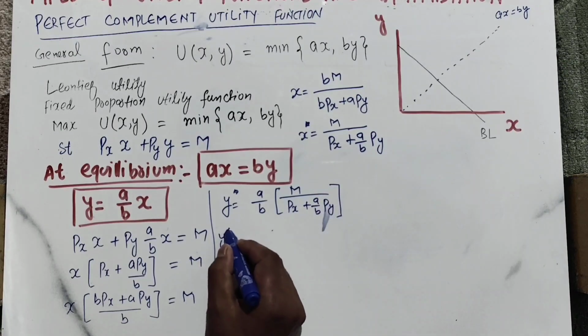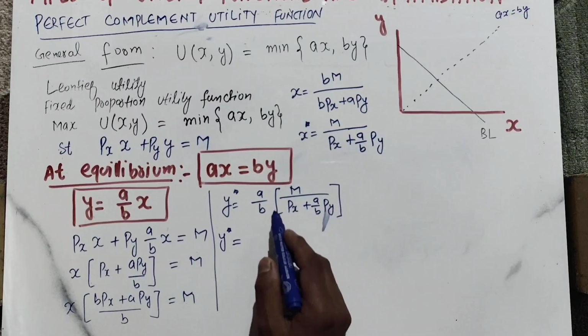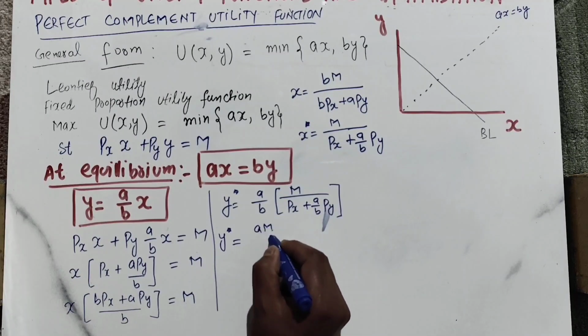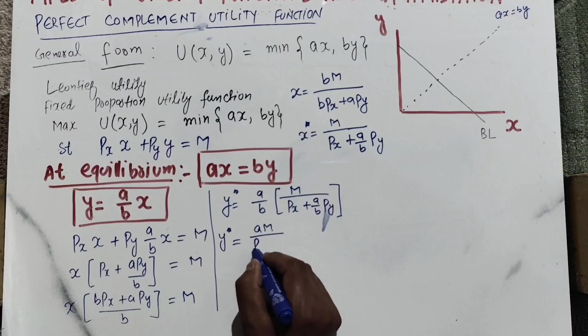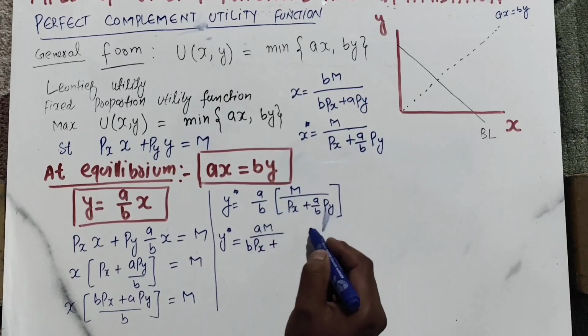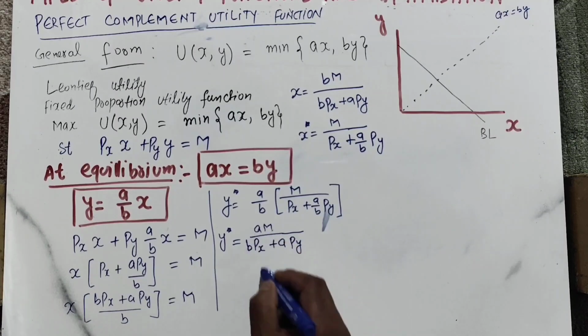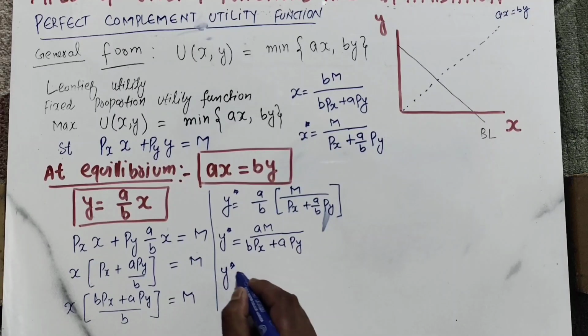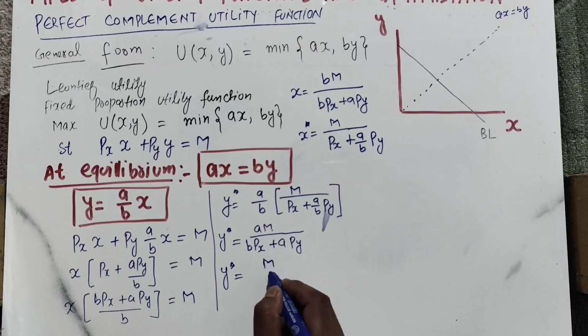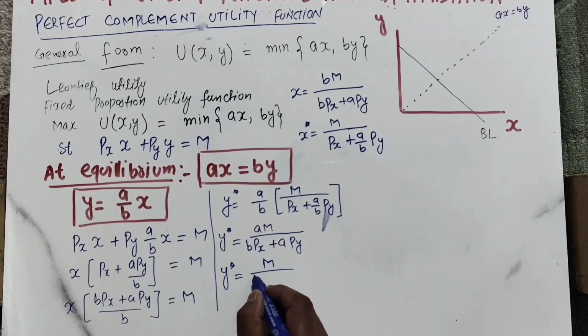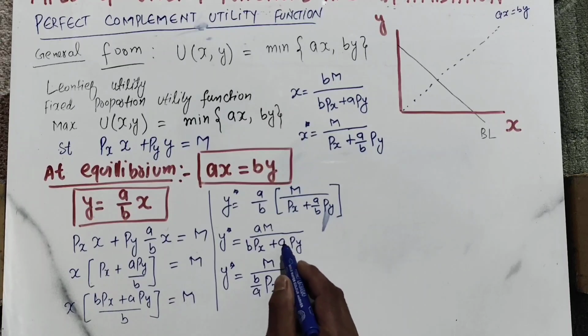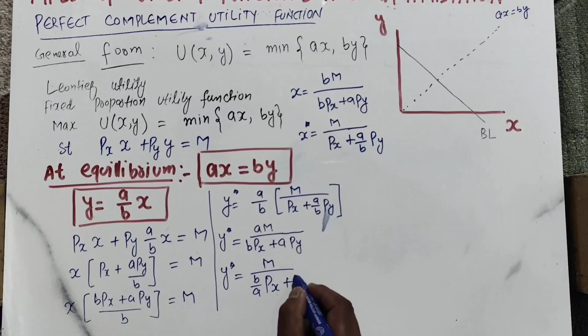So y will be equal to am divided by b into px plus, here b and b will get cancelled, we are left with a times py. Divide both sides by a, y star will be equal to m divided by b upon a times px plus, a and a get cancelled, we are left with py. This is the optimal choice of good y.